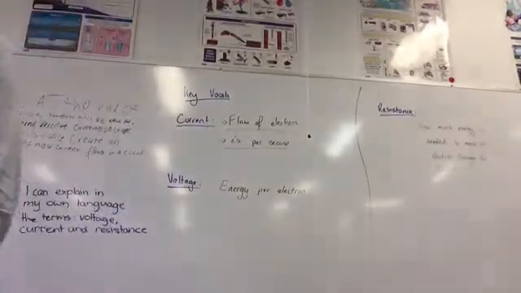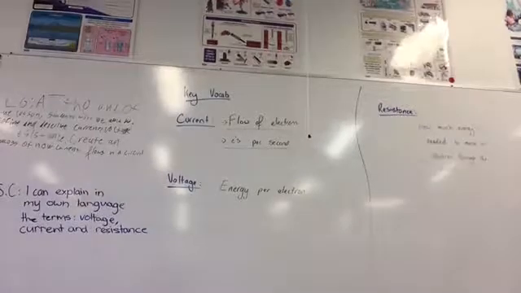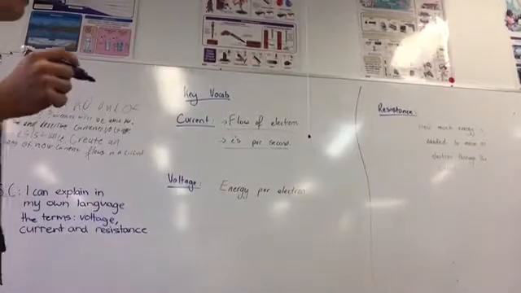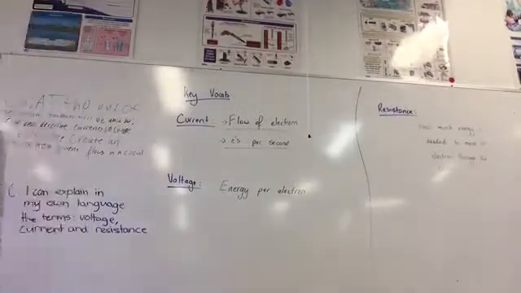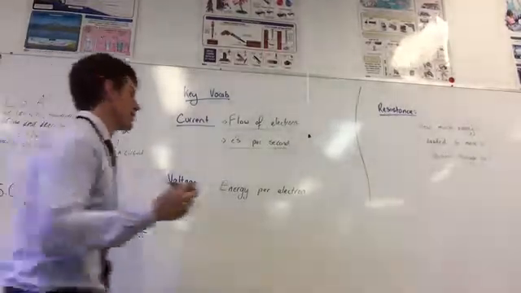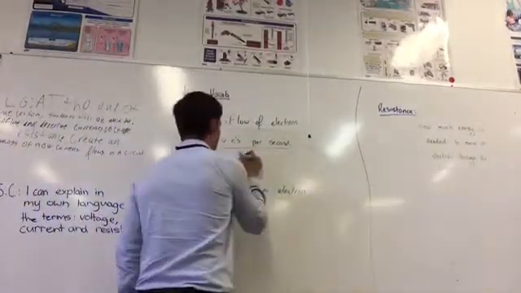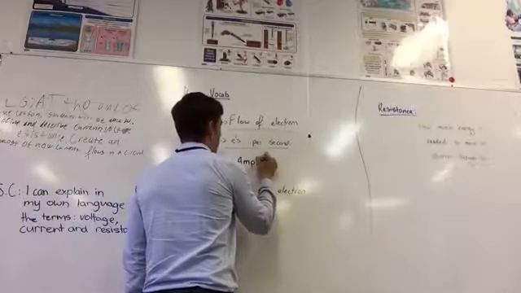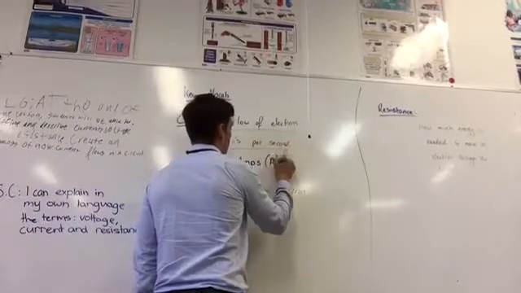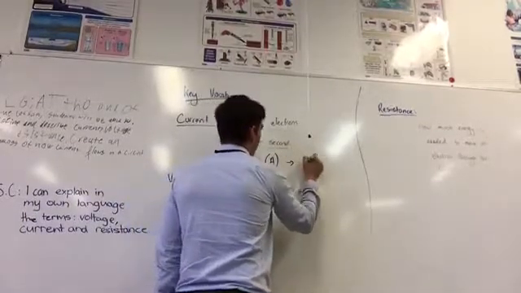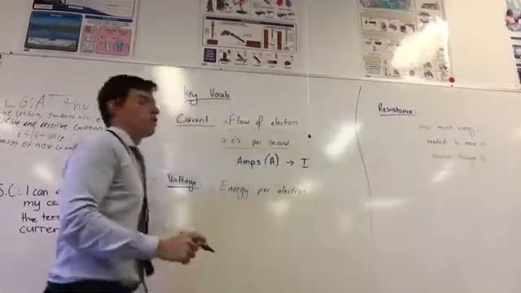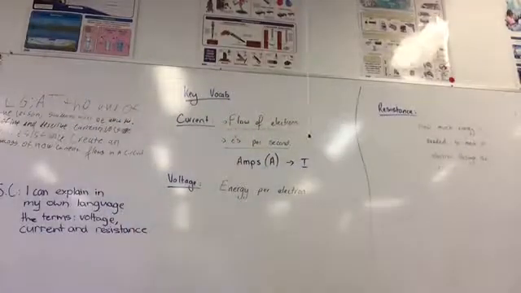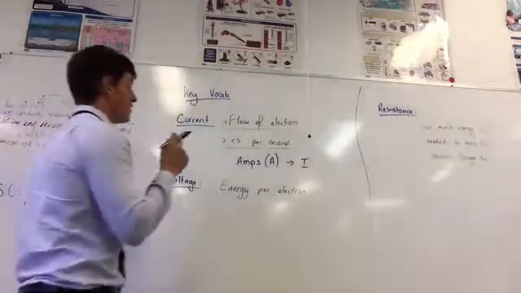If you are an electric guitarist and they say give it more, what was that? Amps. So the unit for current is amps, which is given the title A, and the symbol for current is I. So what does that mean then? A is like kilometres, we write km. Is that a standard unit? The standard unit for current is amps, yes.